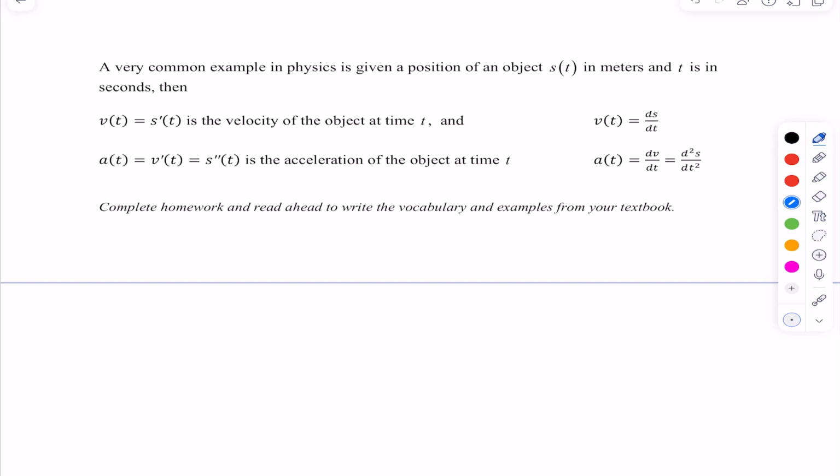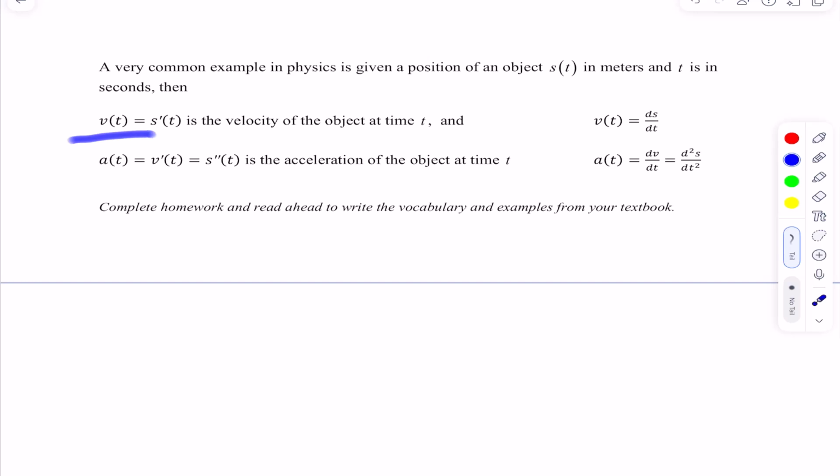So if you ever have that curiosity, or if you ever been in a car, you know that the car has a position, and we could give it a position function. And the car, if it's moving, then it definitely has velocity. And if it decides to move faster from the previous moment, then it has something called acceleration, which is all related to the subject of calculus and the derivative function.